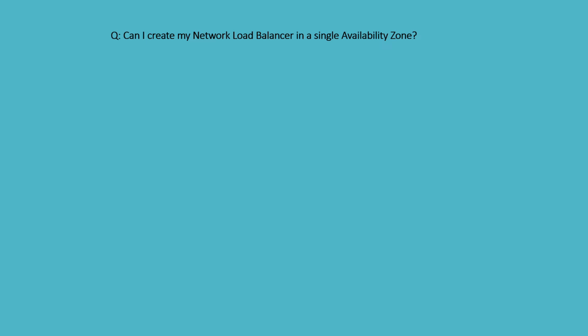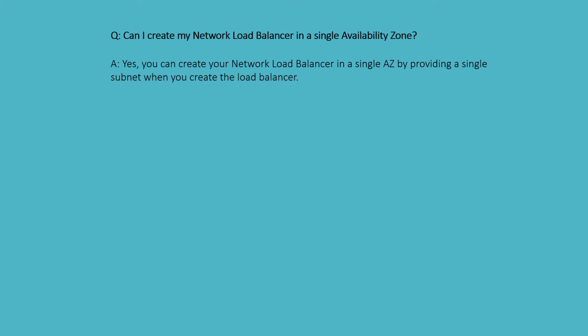Can I create my Network Load Balancer in a single Availability Zone? Yes, you can create your Network Load Balancer in a single AZ by providing a single subnet when you are creating the load balancer. Does Network Load Balancer support DNS regional and zonal failover?